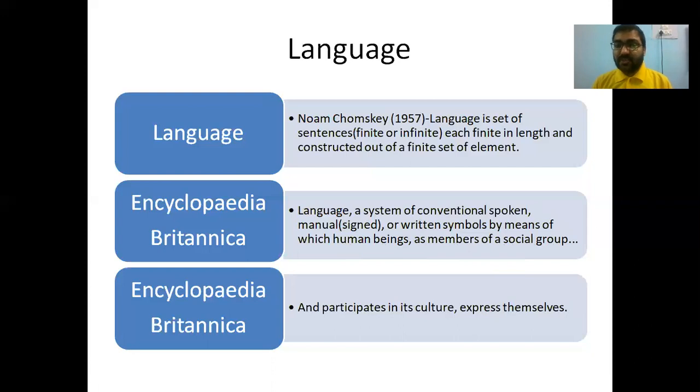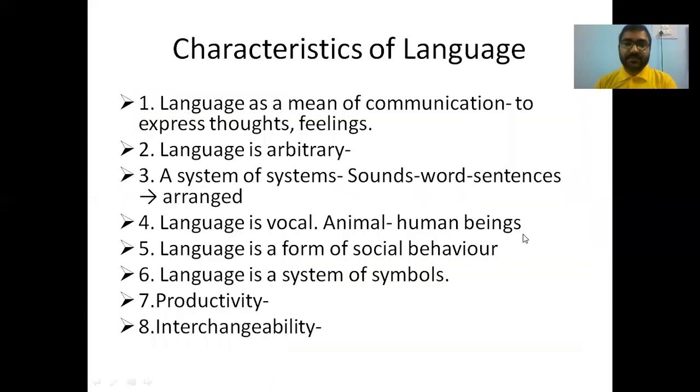There is a convention of spoken, manual, or signed symbols, or written symbols, maybe through sound. Human beings as members of a social group participate in its culture. There is a discourse, there is participation, and in that participation we use this language, which is made up of symbols and signs. That is what the Encyclopedia Britannica says about language.